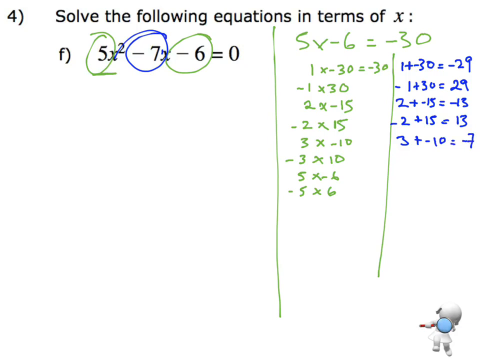And now I've got that -7 that I have in my original equation. So that tells me that the two values that I want to use are 3 and -10.